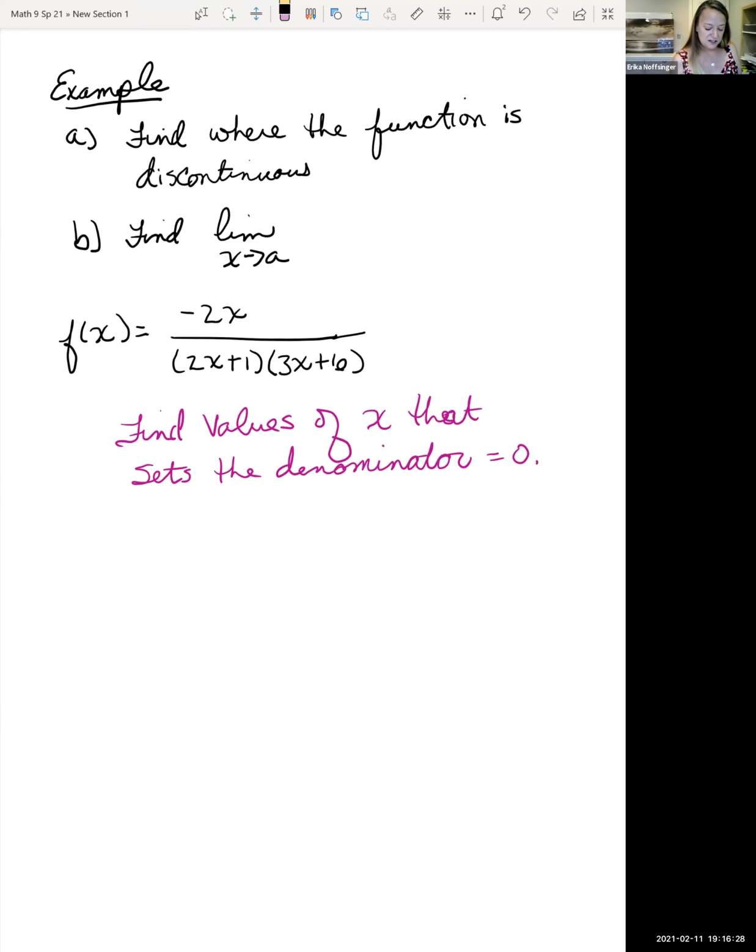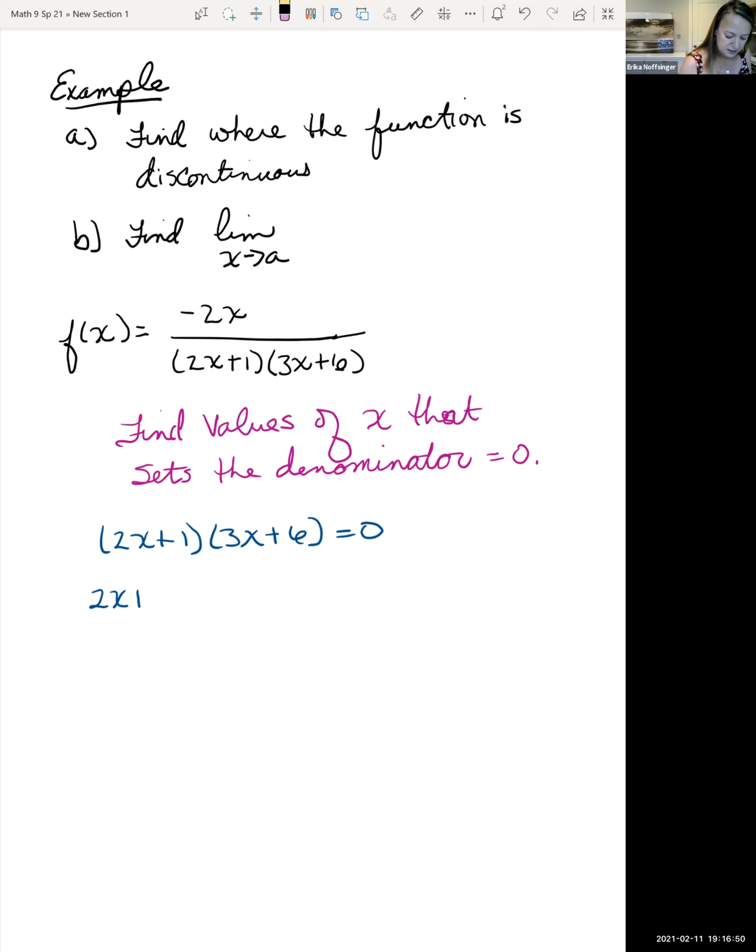Well, if it wasn't factored already, I would have to factor it. And so we want to look at, when is 2x plus 1 all times 3x plus 6, when is this equal to 0?